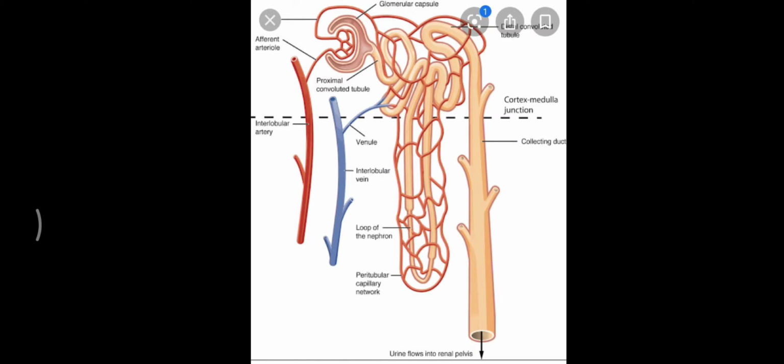The Malpighian body, which is formed of the glomerulus and Bowman's capsule, the PCT and the DCT are located in the cortex region of the kidney, and Henle's loop is lying in the medulla. So this is the detailed account of the kidney cell, the nephron.